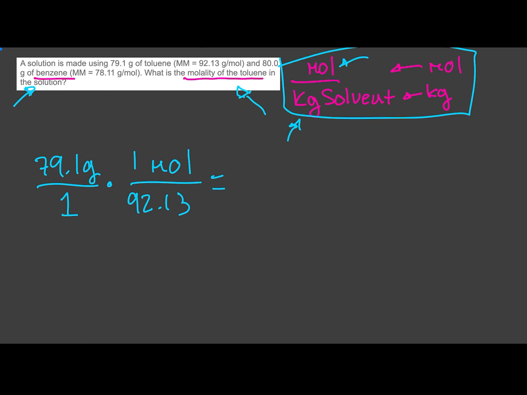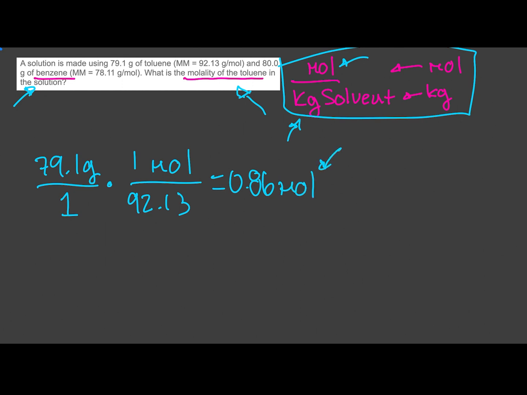When I plug that into the calculator, 79.1 divided by 92.13 ends up being 0.86 moles. That is the amount of moles of toluene we have.